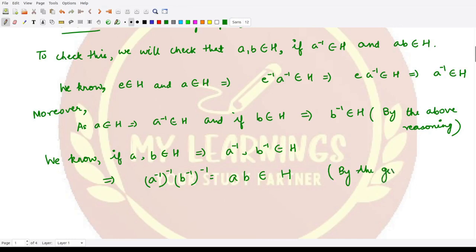Hence we have satisfied both the properties which are required in order to prove that it is a subgroup. Hence we say H is a subgroup of G, correct?